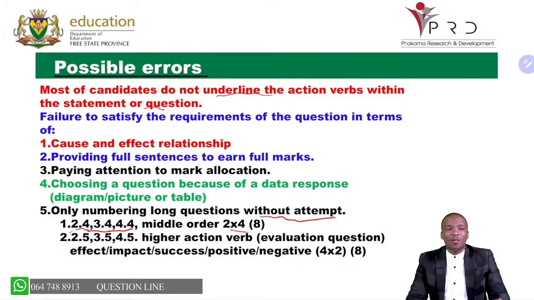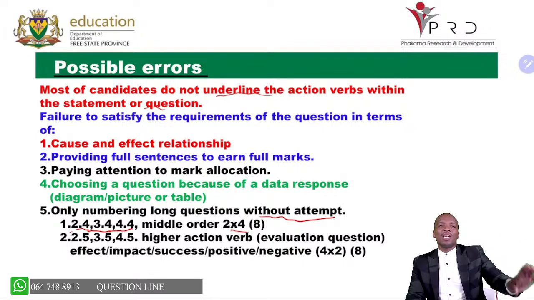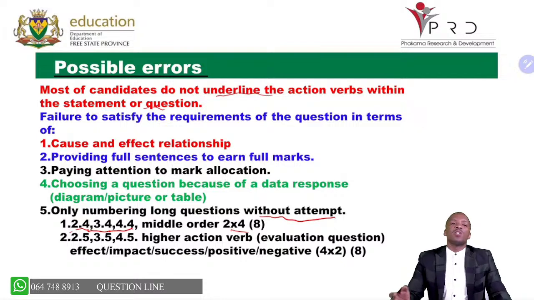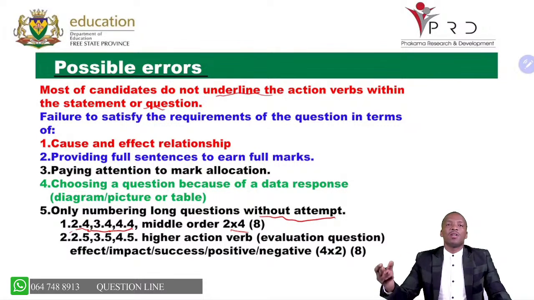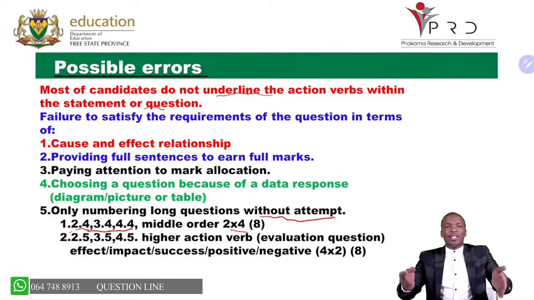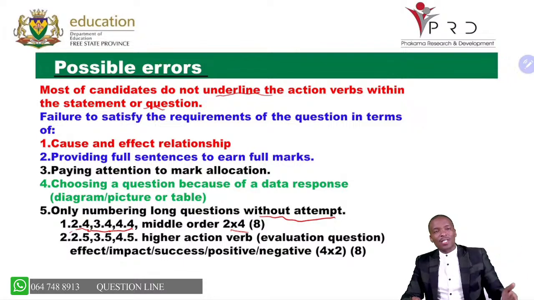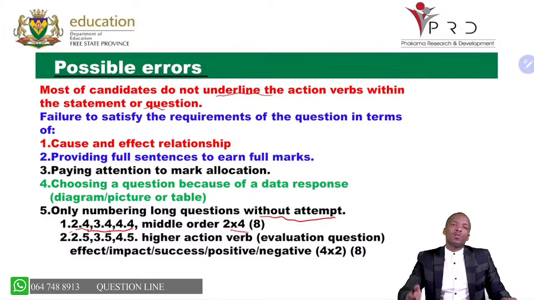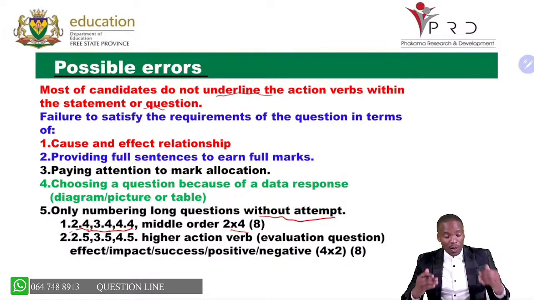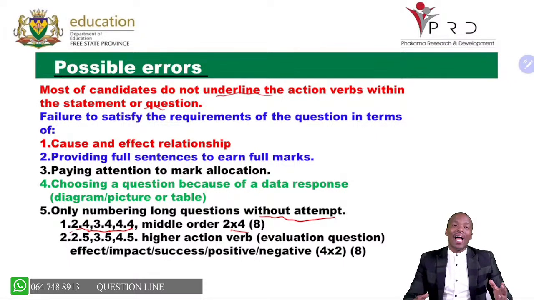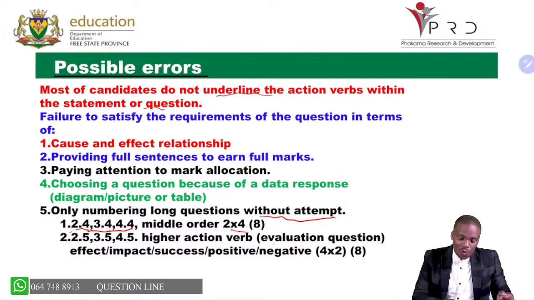It's your middle order question. Discuss specialization and technology as supply reasons for international trade. So it means you can do a table where this side you talk to specialization and this side you talk to technology as supply reasons for international trade. You always look at those. And then in a long question, which is 2.5, 3.5, as well as 4.5, these are what we call possible higher order questions, where we ask you to evaluate.